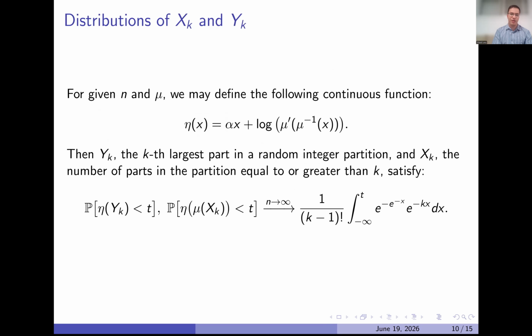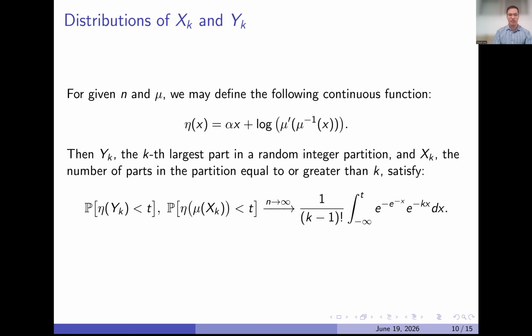So in order to formally explain this, we must define another function eta that depends on the number n and the function mu. Notice here that the dependence on the number n comes from the dependence of the parameter alpha on n, as we have seen in the previous frame.